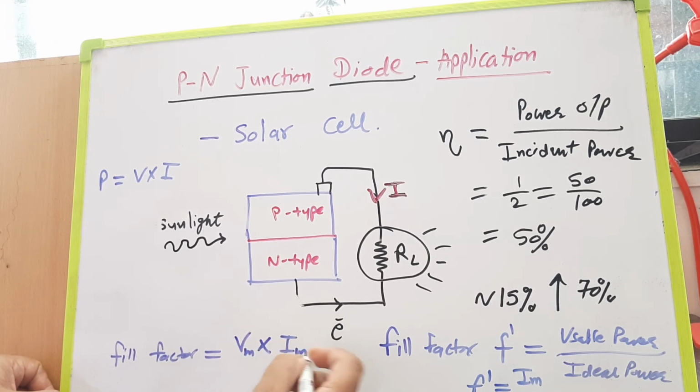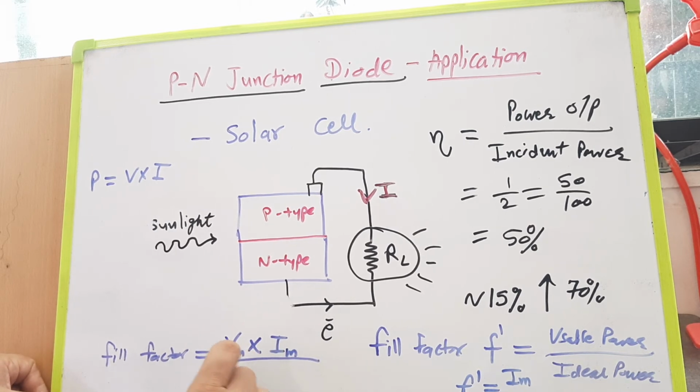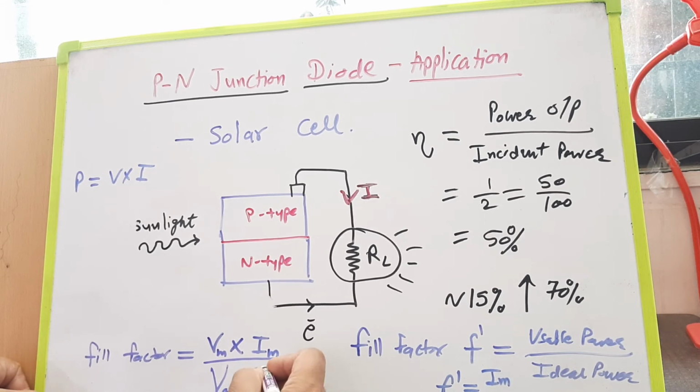So maximum voltage into maximum current divided by ideal power, that is called VOC, or voltage of open circuit, into current of short circuit.